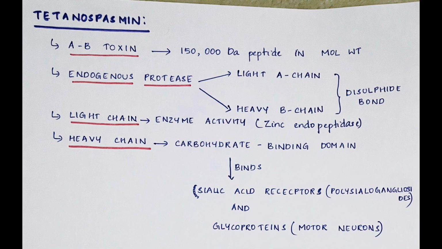The A chain, that is the light chain, has enzyme activity, that is zinc endopeptidase, and the heavy chain, that is the B chain, consists of a carbohydrate binding domain. Its carboxyl terminal portion binds to specific sialic acid receptors, for example, polysialogangliosides, and it also binds to glycoproteins present on motor neurons.